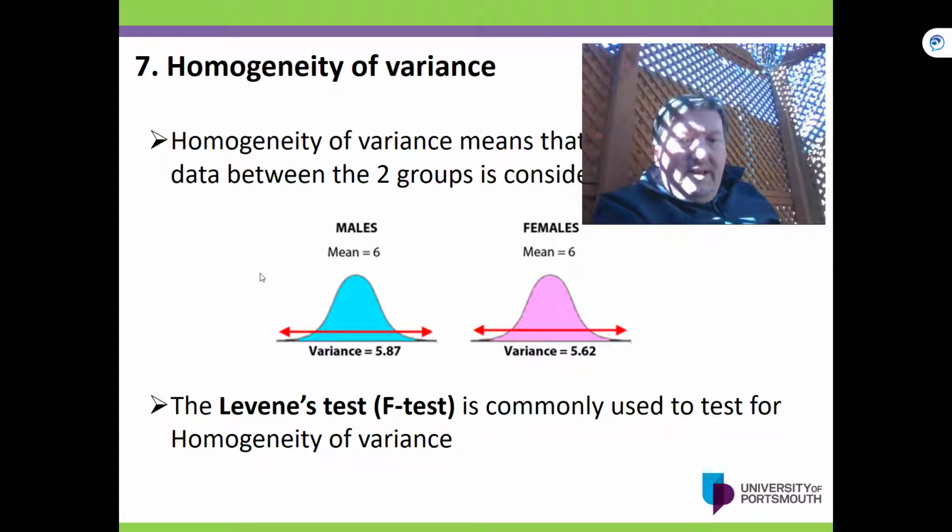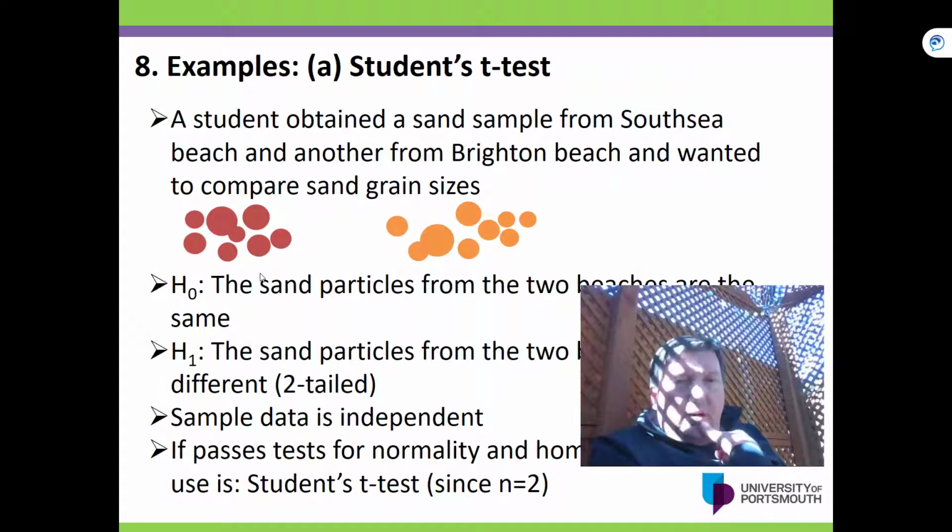It's called the Levene's test, also known as the F test, and this is commonly used to test for homogeneity of variance. So let's have a look at some examples. Say a student obtained a sand sample from a beach, say Southsea Beach in Portsmouth, and another sample from, say, Brighton Beach, not too far away, and you wanted to compare the grain sizes of these sand grains.